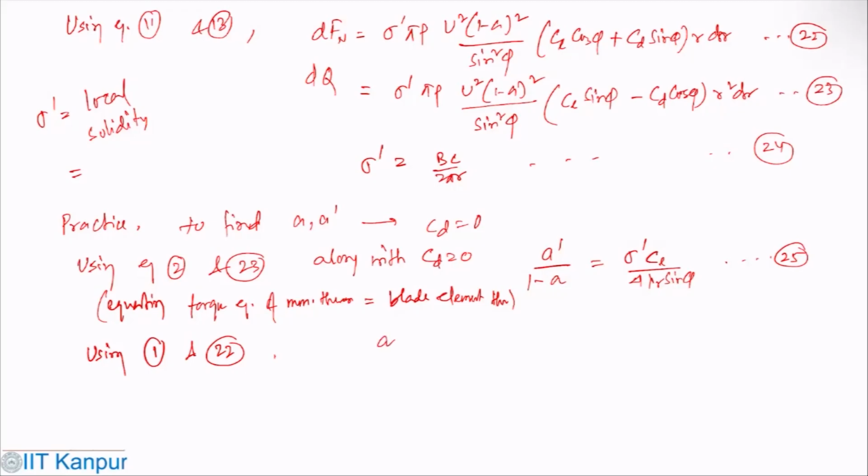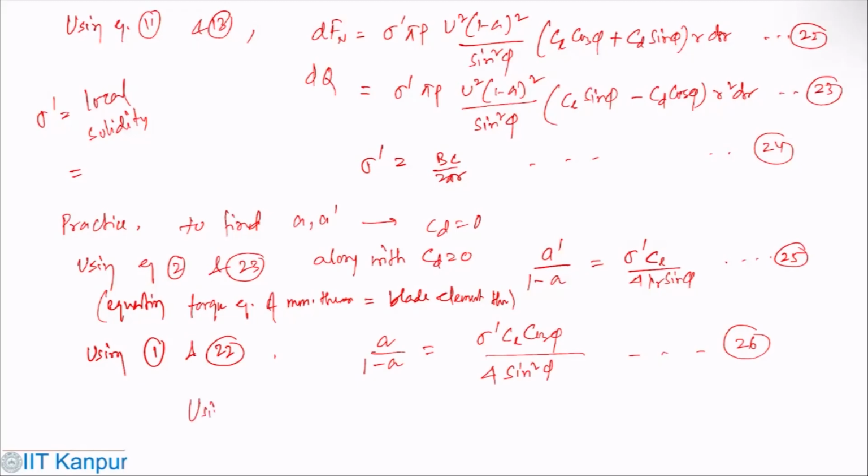So what we get is a by (1 minus a) equals sigma prime CL cos phi by 4 sine square phi, which is 26.